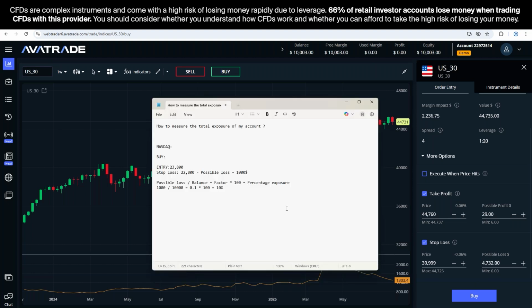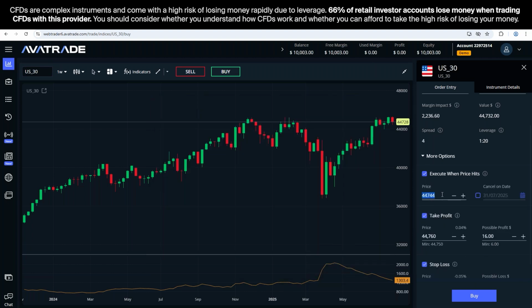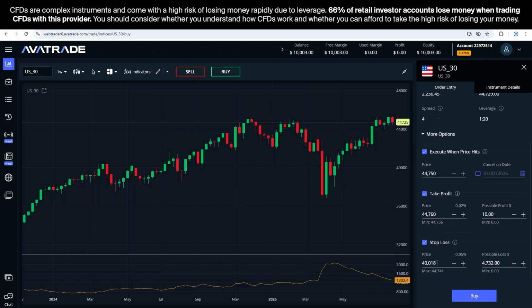So what does that mean in terms of my exposure? We'll also flatten the entry the same way we did with Nasdaq, and we will take 4,000 off. I know that it looks very bad, but that's the message I'm trying to convey.